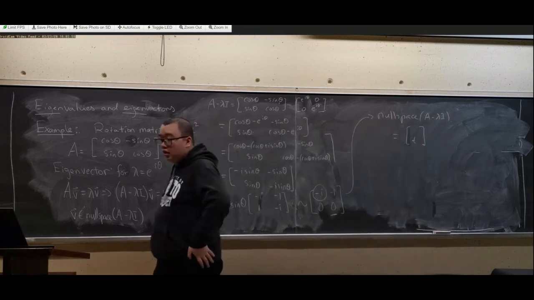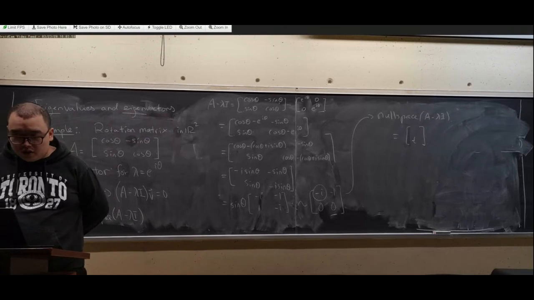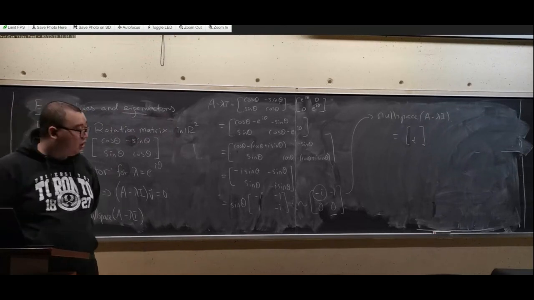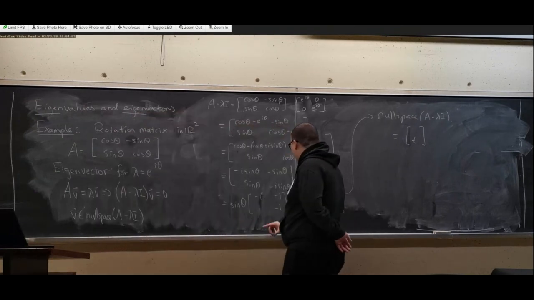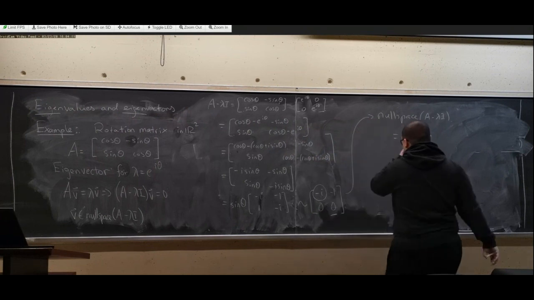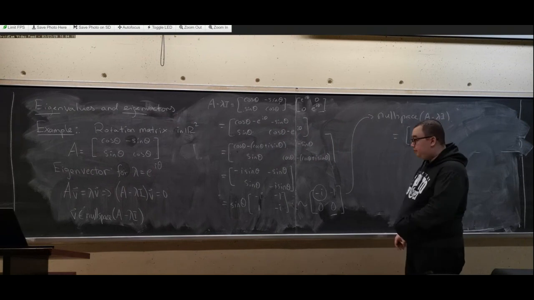I'm a bit confused how you got from sine theta, negative i, 1, negative 1, 1 and negative i to that. Oh, did you just reduce it? Yes, I row reduced. Okay, sorry. Sine theta is just a constant in that case. Are we calculating the determinant?